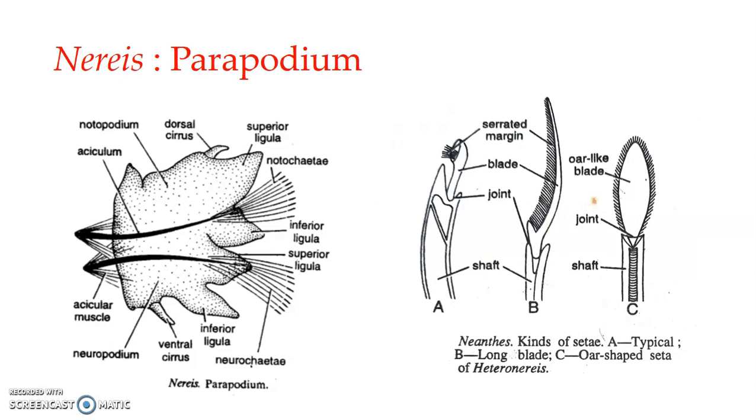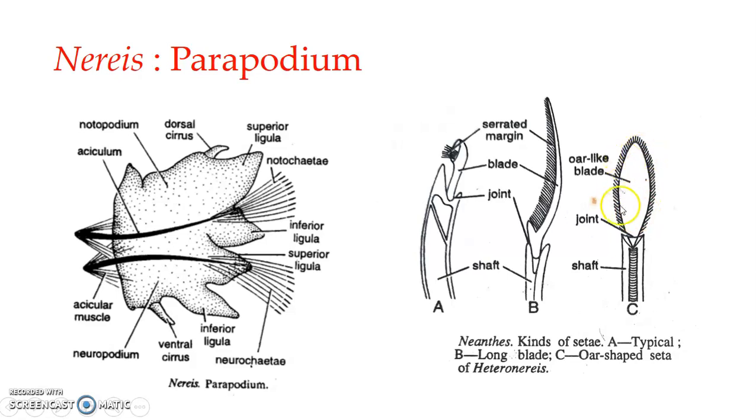Then we have the oar-shaped setae. You can see the oar-shaped setae have a comparatively larger, stout shaft and a short, slight, oar-like blade.